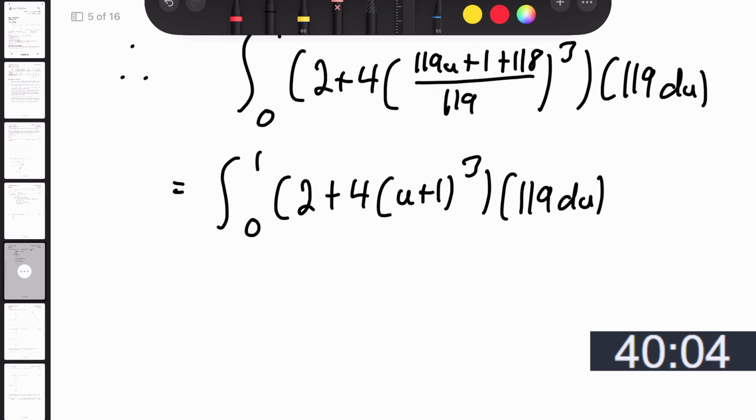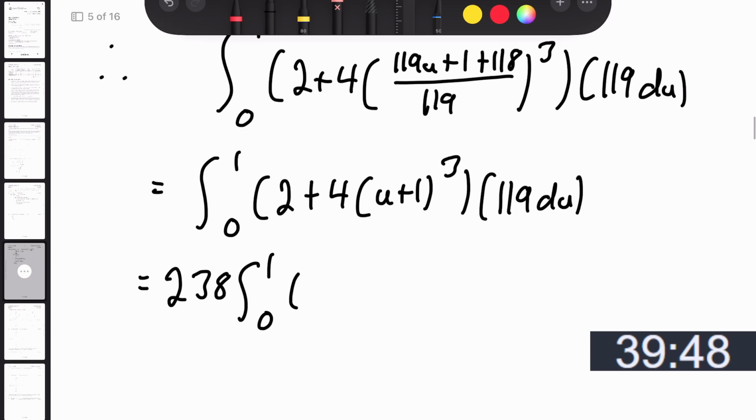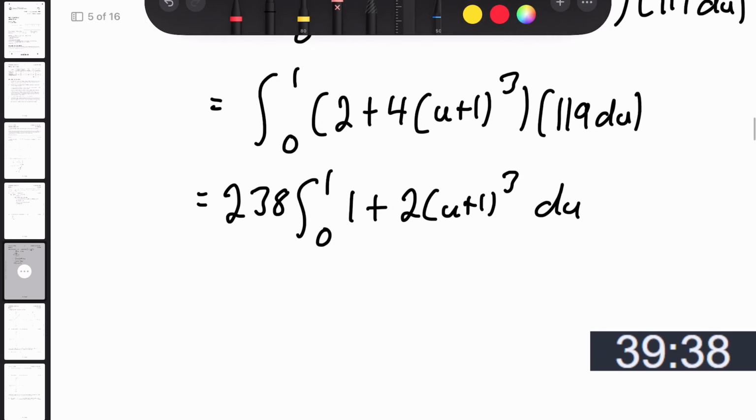So if we can pull out a value of 2 and then 119, so this can be 238 of integral from 1 to 0 of 1 plus 2 over u plus 1 to the power of 3 du. Because I put out a factor of 2 and then 119, okay?